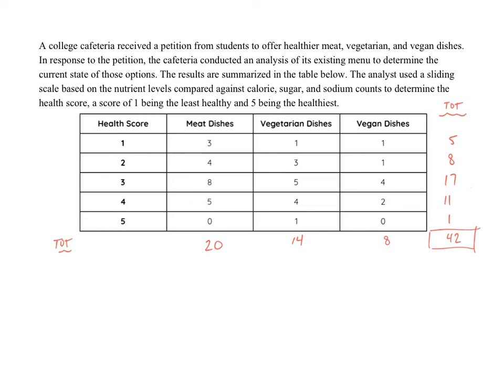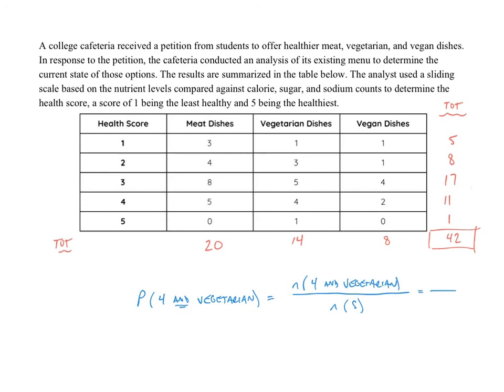What is the probability of selecting a dish that has a health score of 4 and is vegetarian? So again, using our notation, the number of dishes that are a 4 and vegetarian divided by the number of total dishes.